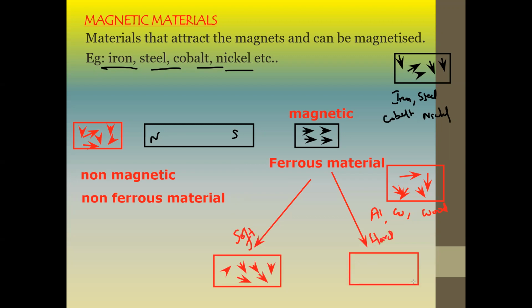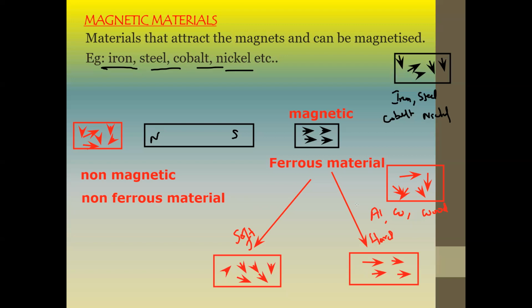But some of the material, when we remove them out of the magnetic field, their domains still remain aligned, so we call them hard magnetic material or hard ferrous material. So hardness and softness is not in terms of the texture, it is in terms of a magnetic field.